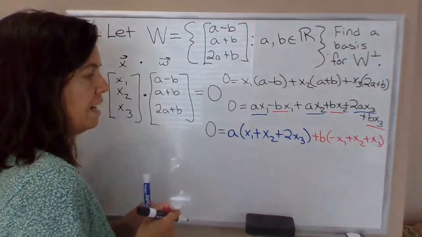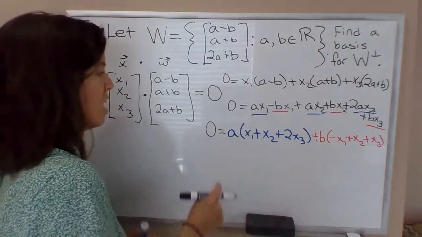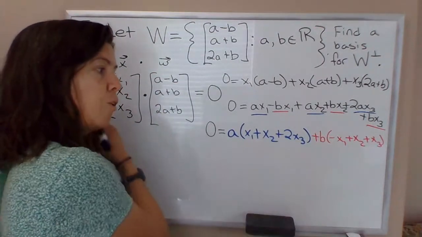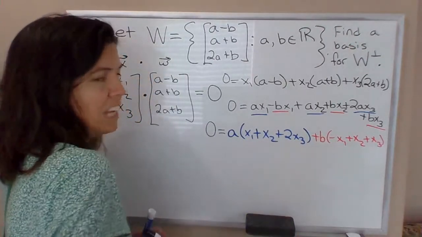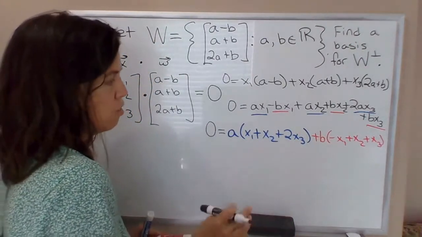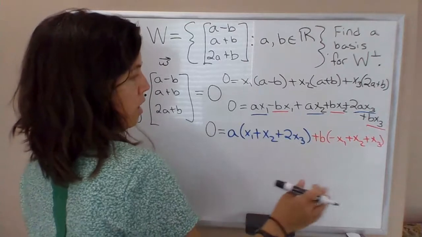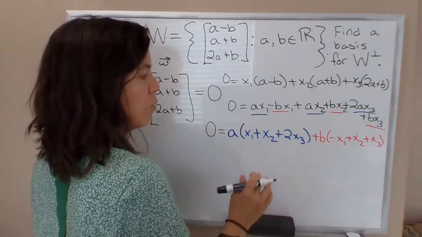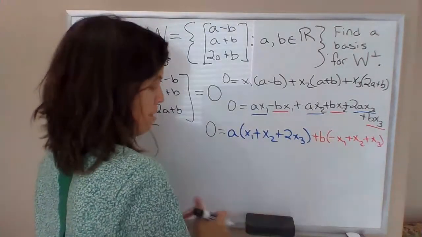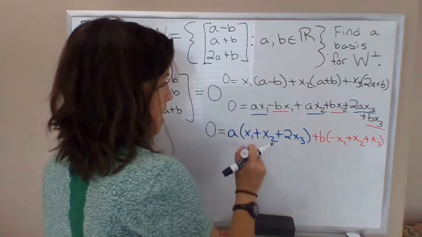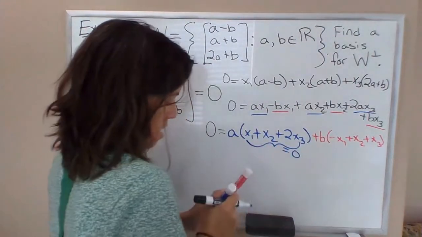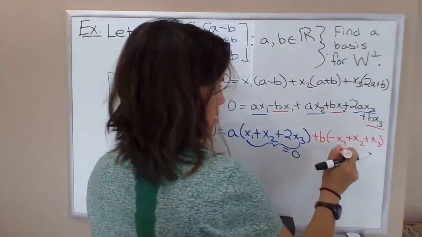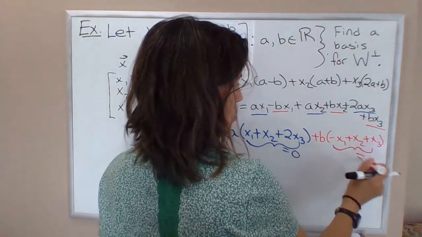Again, I want this sum to equal 0 for any value of A and B. A and B can be any real number, so we certainly can't insist that either of those values be 0. So if this sum is going to equal 0 for any value of A and B, then we need this part to equal 0 and this part to equal 0.